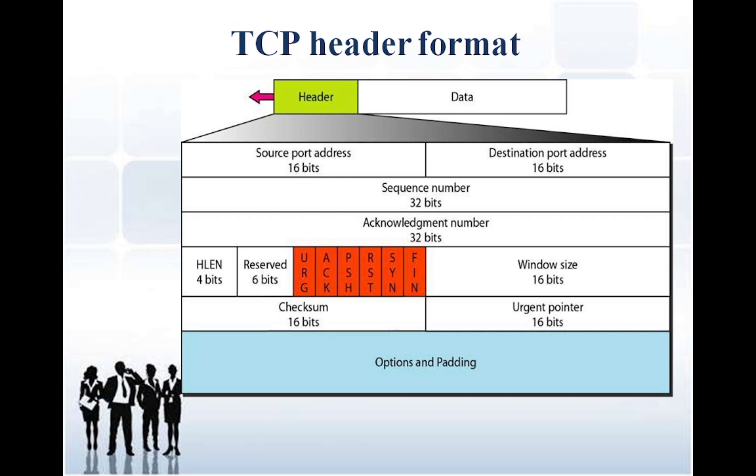In what situation is the sequential numbering concept utilized? That is the question that will arise. The actual objective is, if the size of the data is very large, then we can divide it into a number of smaller segments and send them through the network via various paths.